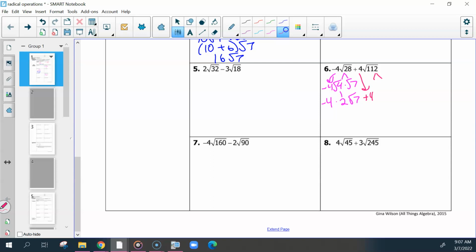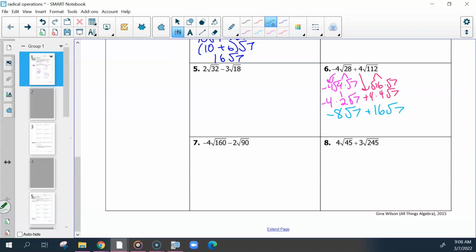16 and 7 is 112. We have times 4 times the square root of 7. And then we can multiply both of them. So negative 8 times the square root of 7 plus 16 times the square root of 7.